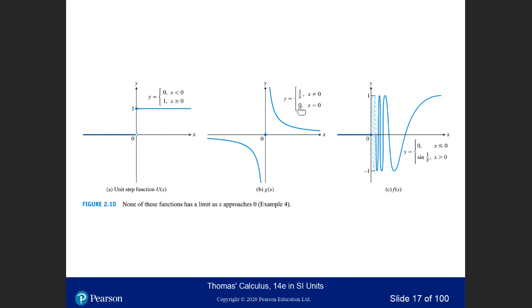Now let's look at this function. Y is equal to 1 over x if x is not 0. Y is equal to 0 if x is 0. Now this function is defined for all real numbers. However, as x goes towards 0 from the right-hand side here, your function grows too much.